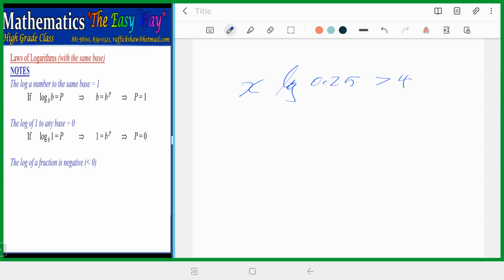What you would more than likely think of doing is to just divide by the log of 0.25. So you might do this: x is greater than 4 over the log of 0.25.